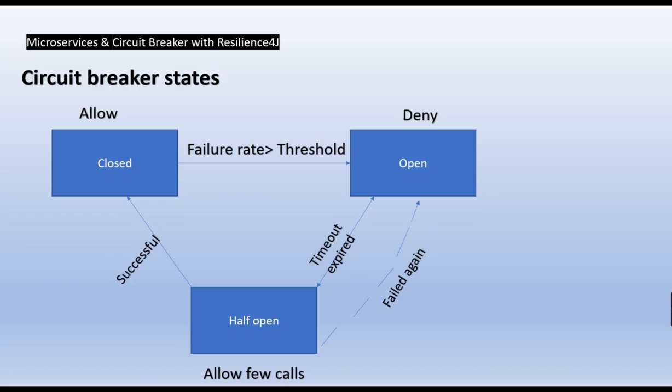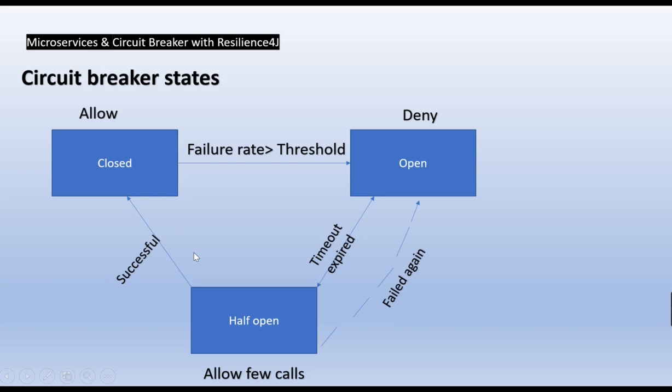It will be allowed only a few requests, so that the service would be ready to serve. That is the reason we will be opening it as half open. That means allowing only few calls. And suppose those few calls also fail, then we report back to deny, and the state changes to open. So this is how it will be.